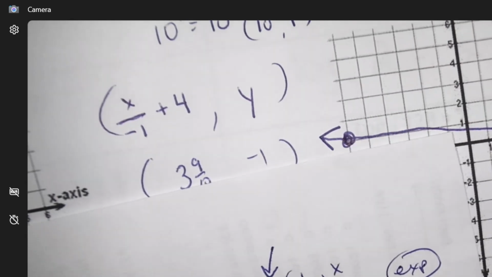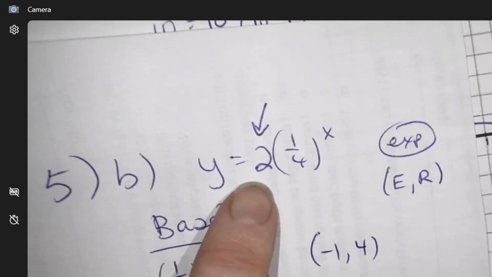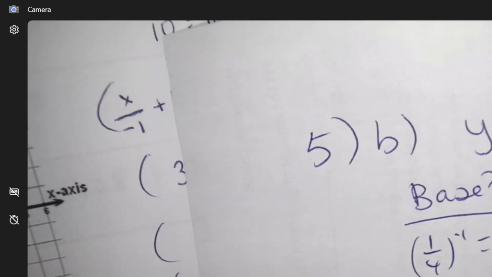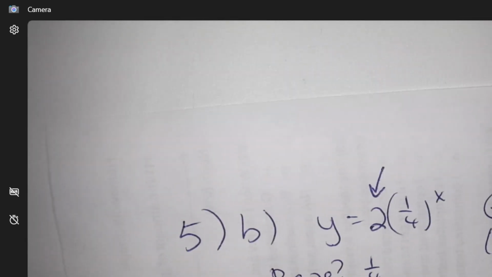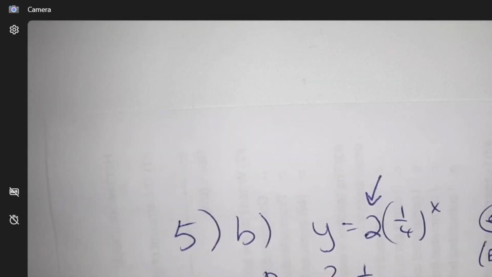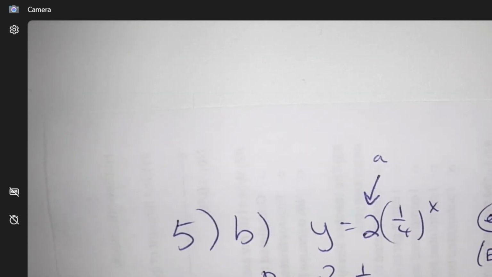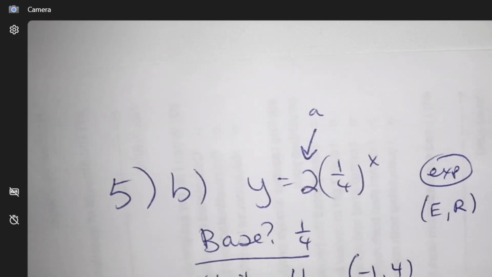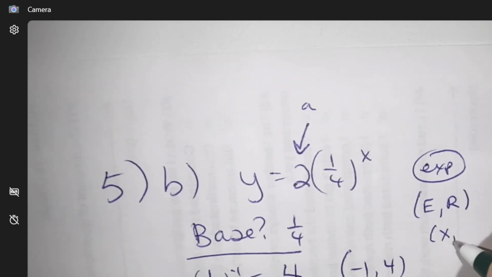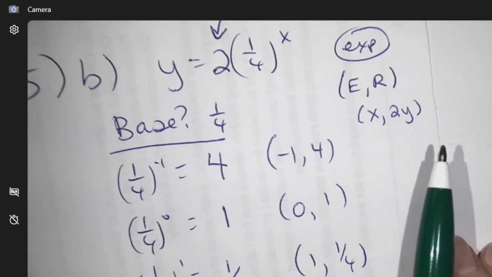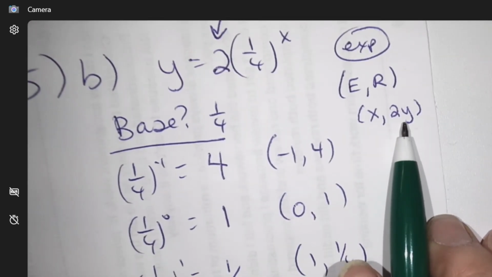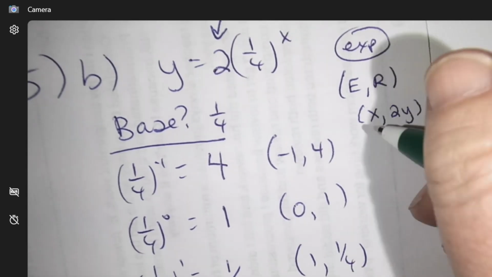Now, what is this? This is a multiplier in front. So what do I have to do? I have to multiply all the y's.